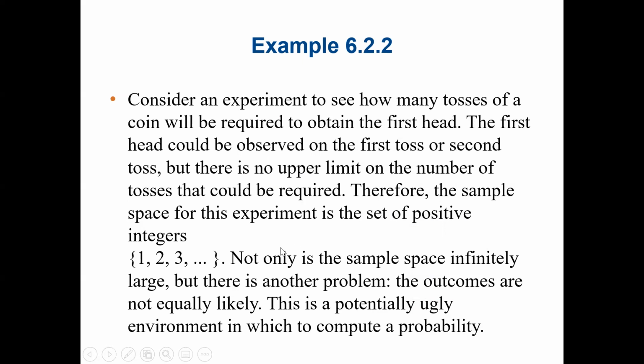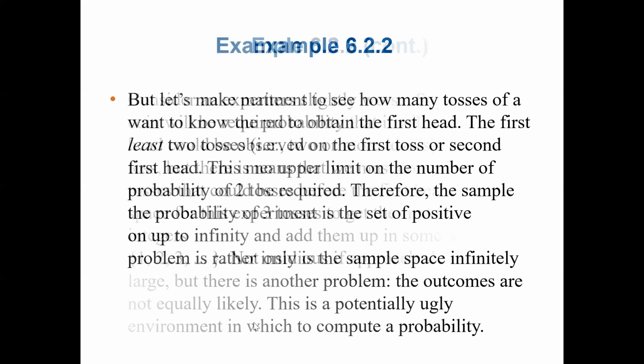Therefore, the sample space for this experiment is the set of positive integers. Not only is the sample space infinitely large, but there's another problem: the outcomes are not equally likely. So this is a potentially ugly environment in which to compute a probability.